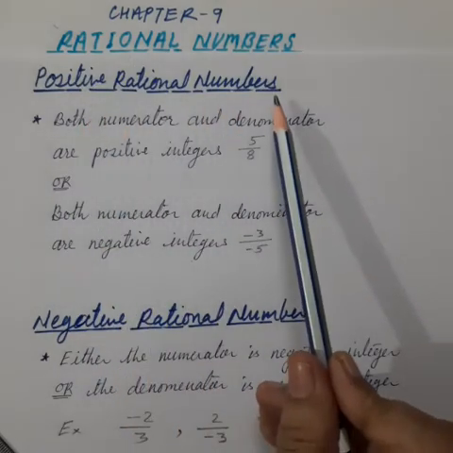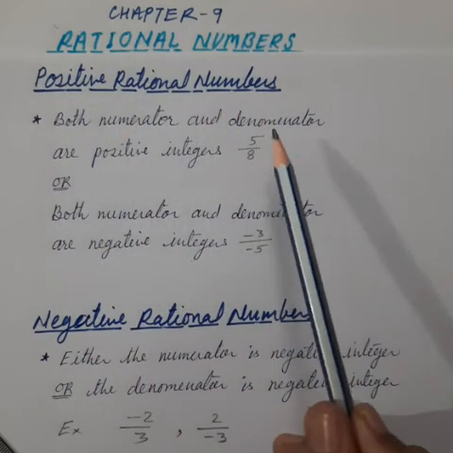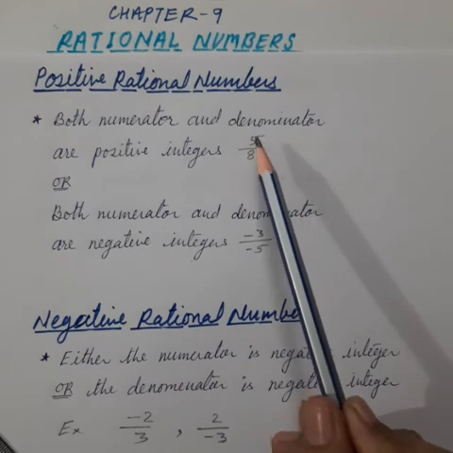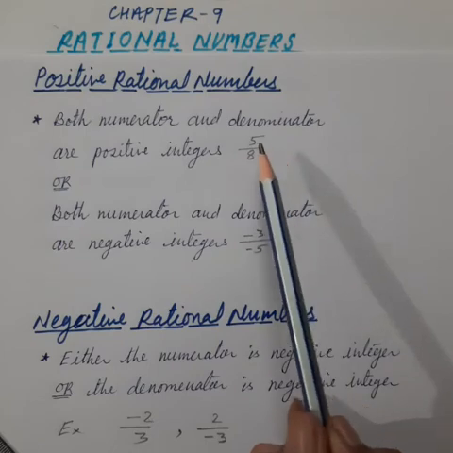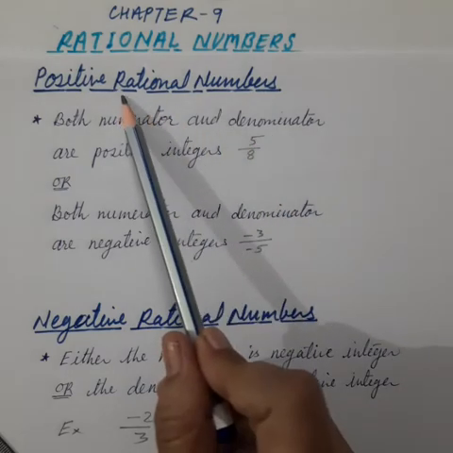Positive rational numbers. In a rational number, if both numerator and denominator are positive integers, the rational number is a positive rational number.